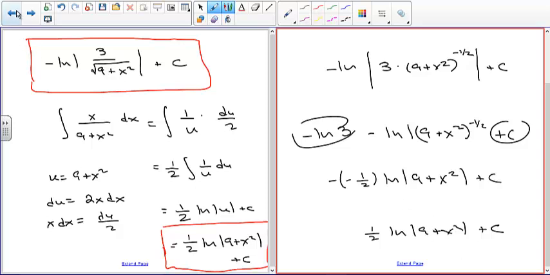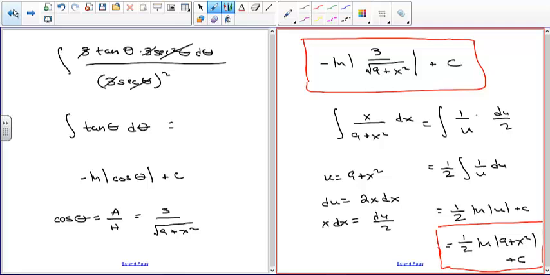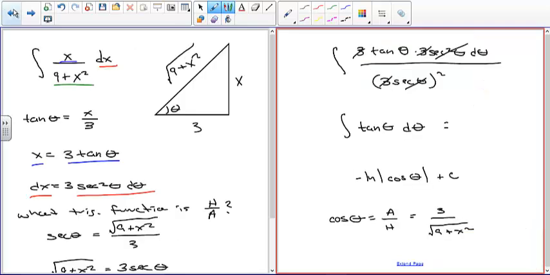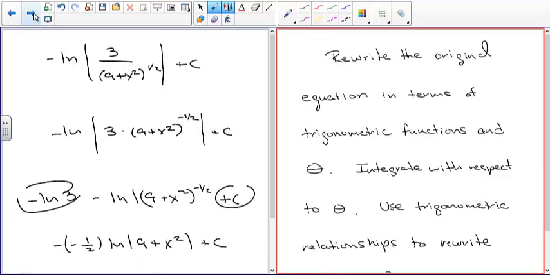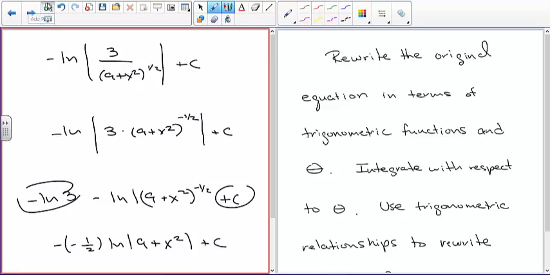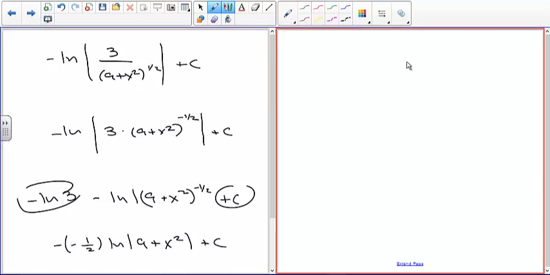So that's kind of an example of using the tangent. Now I'm going to show you one more using the secant. Then we'll come back and do some more. Let me think of one that I know, well, let's just make one up here.